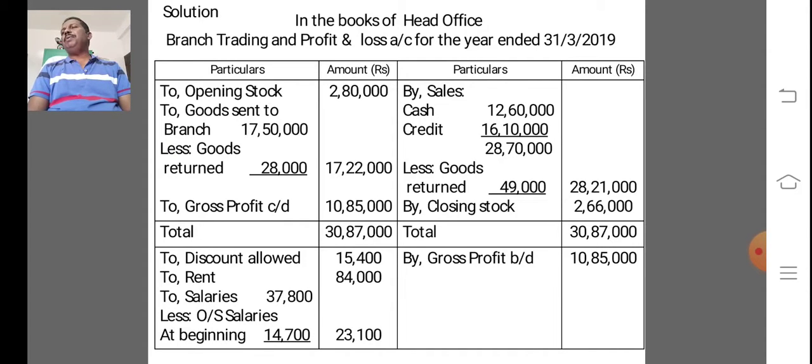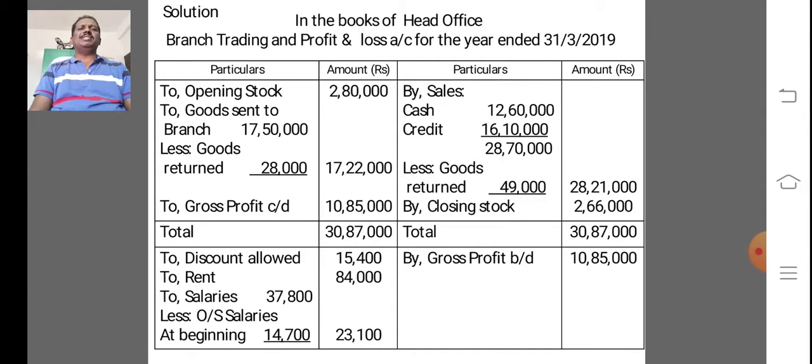First we debit the opening stock at branch 2,80,000. Then debit goods sent to branch 17,50,000. Some goods returned, 28,000, to be deducted, so 17,22,000.